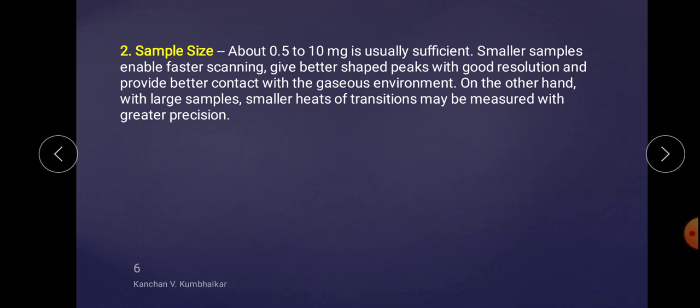On the other hand, with a large sample, smaller heats of transition may be measured with great precision. So in this case, 0.5 to 10 mg is considered a sufficient sample size.